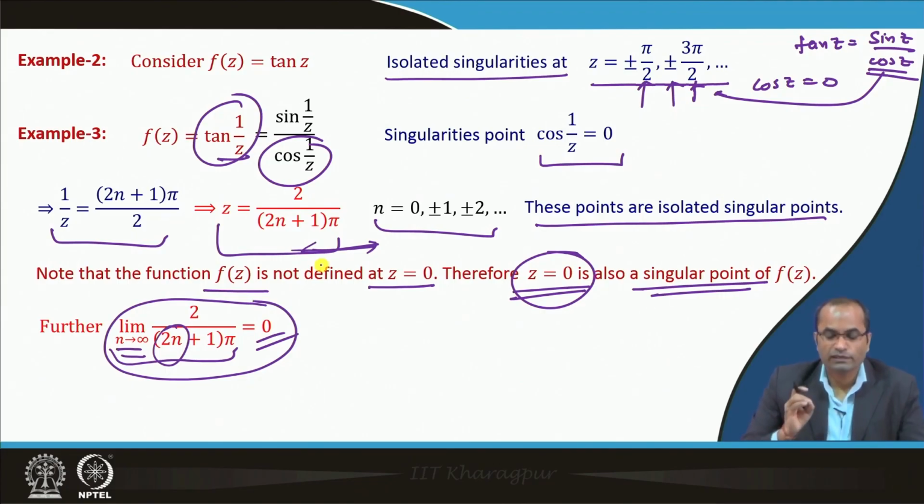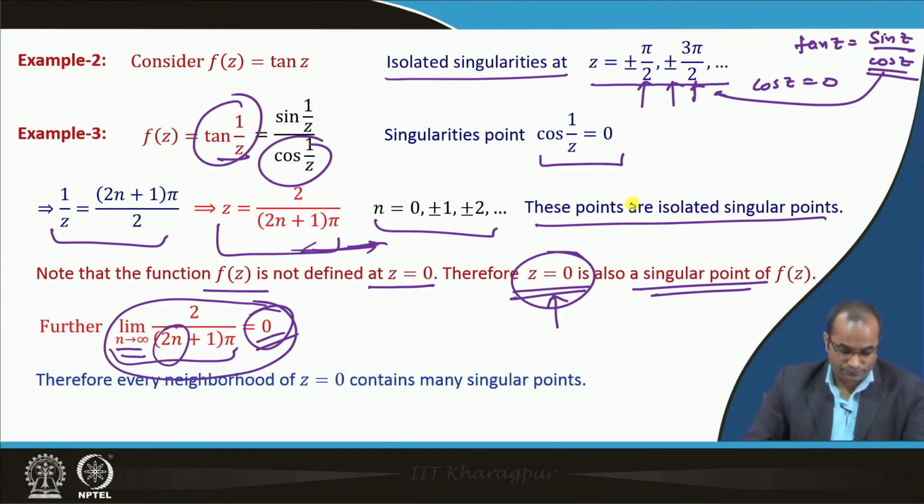For z equal to 0, we cannot find a neighborhood where the function does not have a further singular point, because the sequence is approaching 0. However small a neighborhood we take around z equal to 0, there will be some points which are singular again. So z equal to 0 is not an isolated singular point.